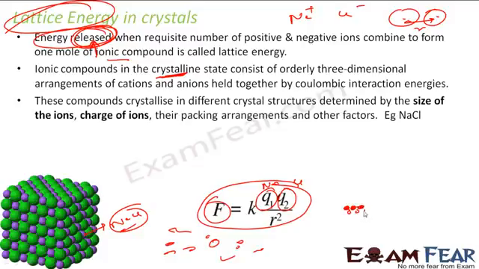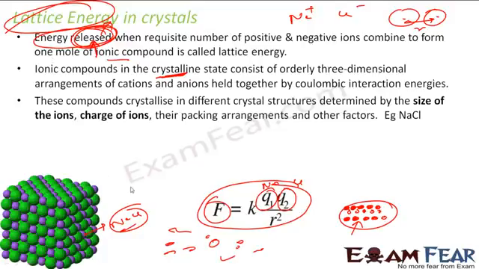Since it is in a particular fashion now, it has released energy. It is less stress now because it's in a particular pattern. So with the pattern, the energy is less. Since the energy is less, that means it has released some energy, and that energy is called lattice energy.